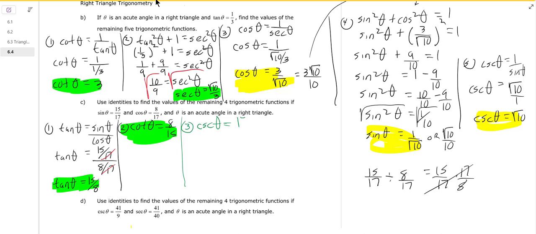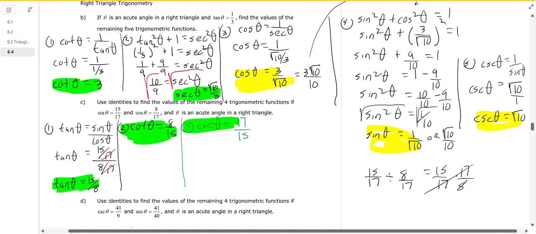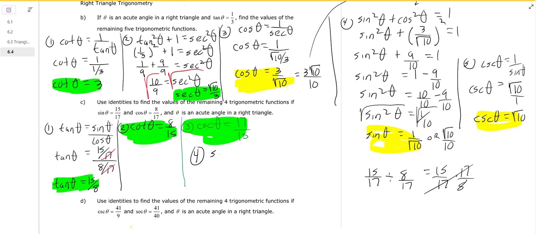So you can do that in your head. That's 17 over 15. You don't have to use the identity, you just know the reciprocals. And then the last thing would be the secant. The secant of theta is the reciprocal of the cosine, so that would be 17 over 8. So really, you can use the sine over cosine identity, and everything else is just doing reciprocals if you want to do it that way.